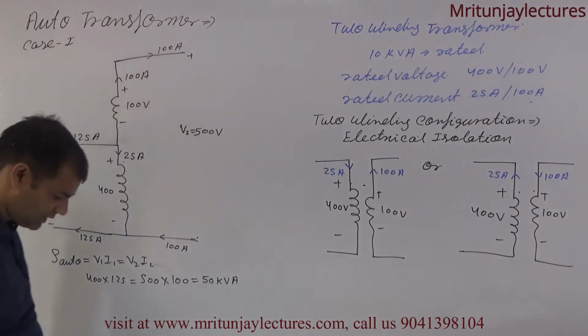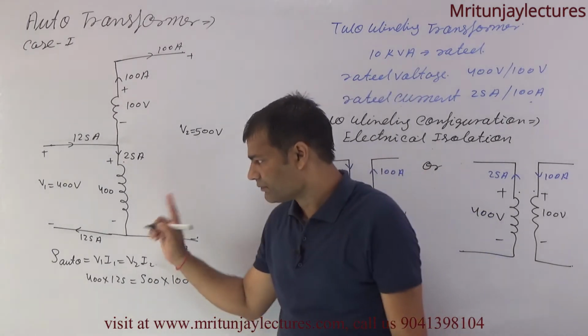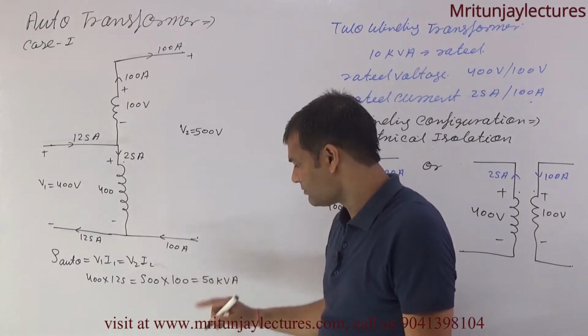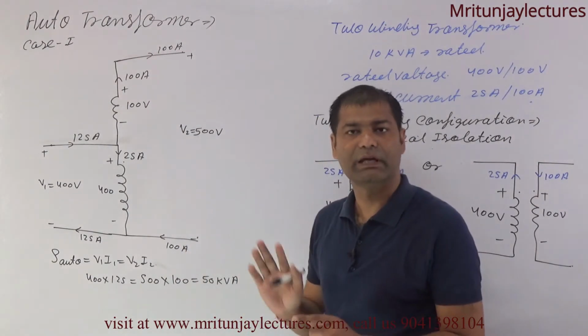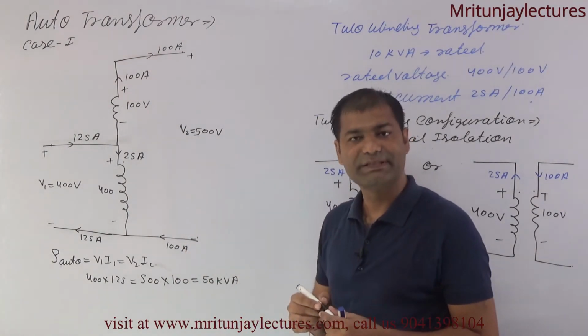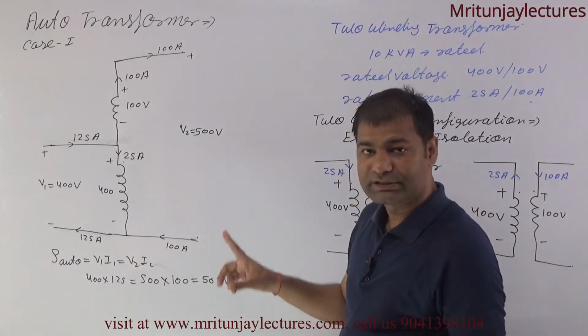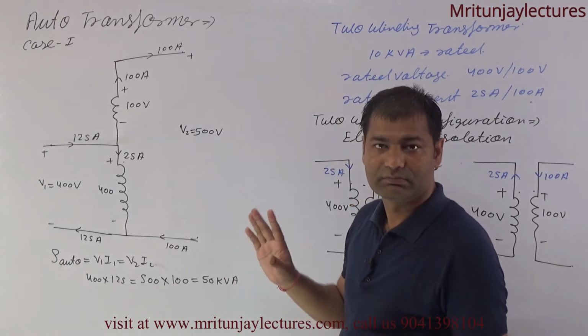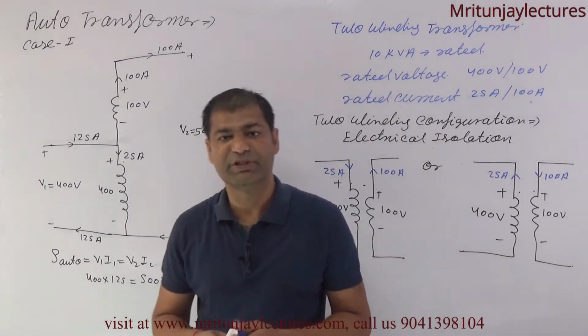If the multiplication of V1 I1 and V2 I2 of auto transformer is same, it means your connection is right. And if it is not same, it means there is some problem, some mistake.